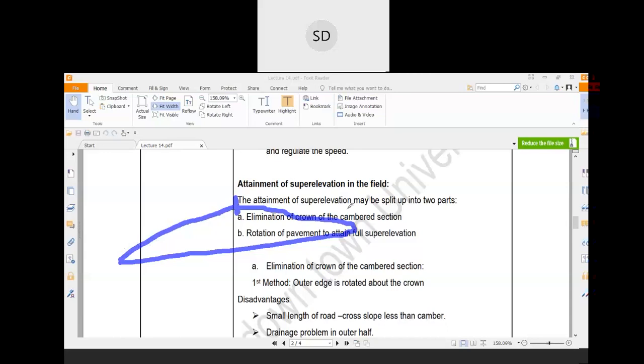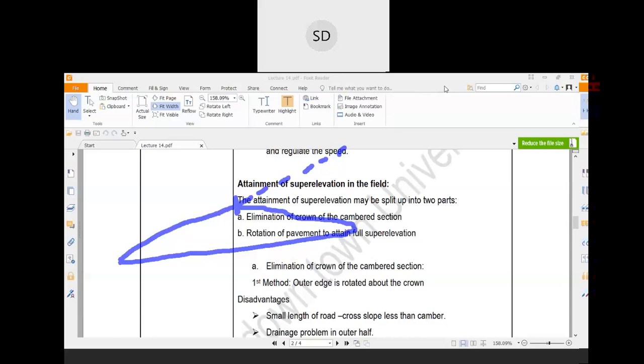So the first method is elimination of the crown of the camber section. This is the camber portion. Elimination of the crown means you increase this height. This is the elimination of the crown of the camber section, and then rotation of the pavement to attain the full super elevation. Let us discuss this first method, then we will discuss the second method.